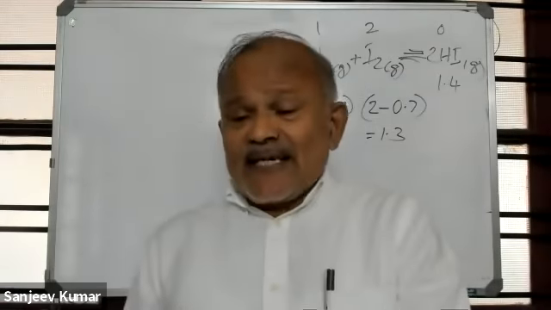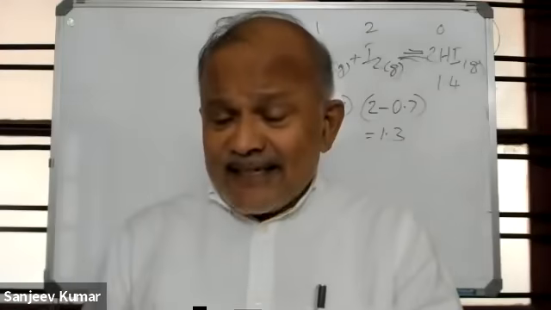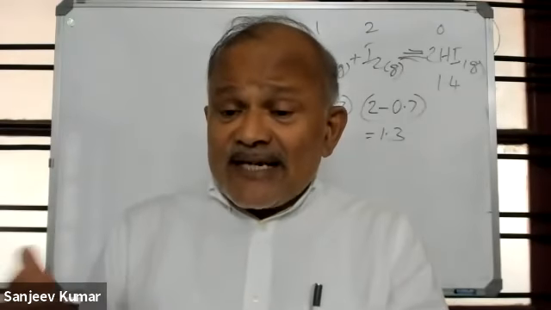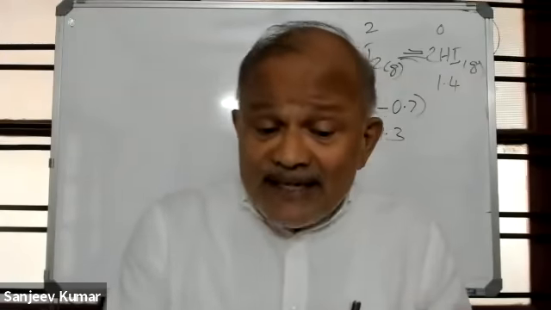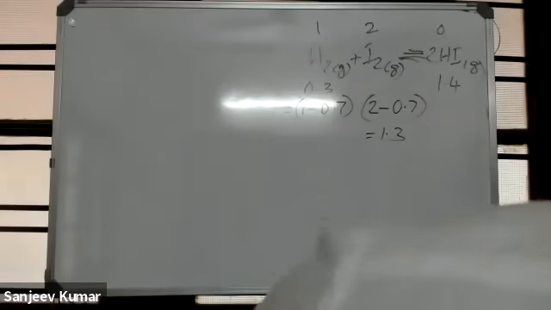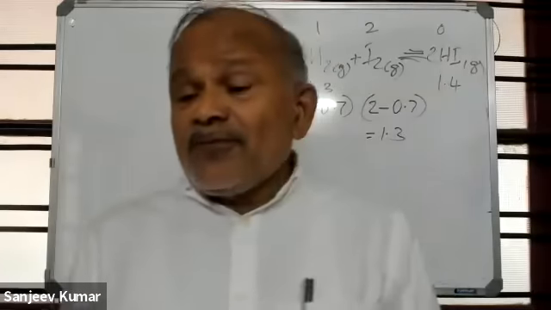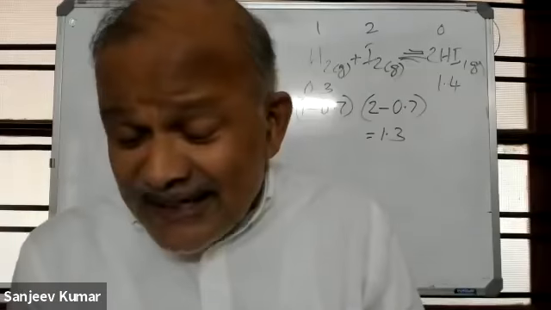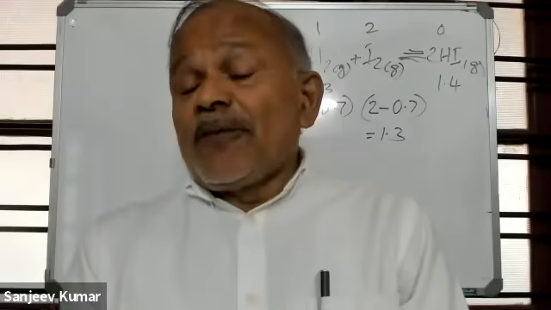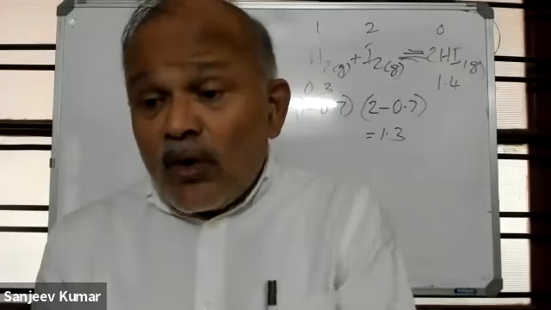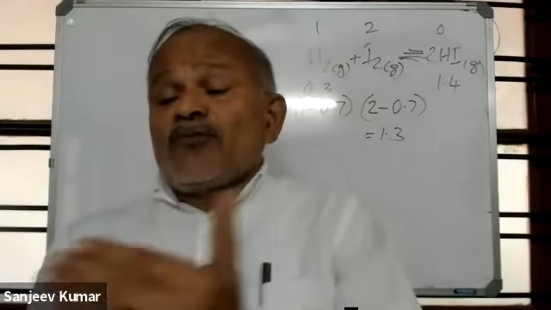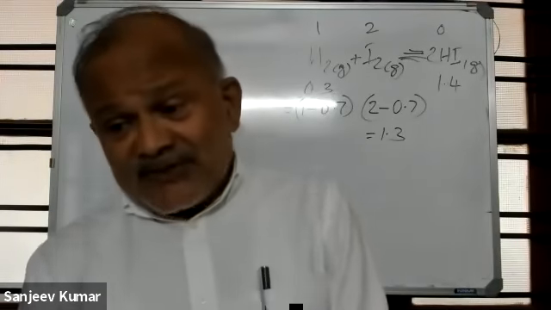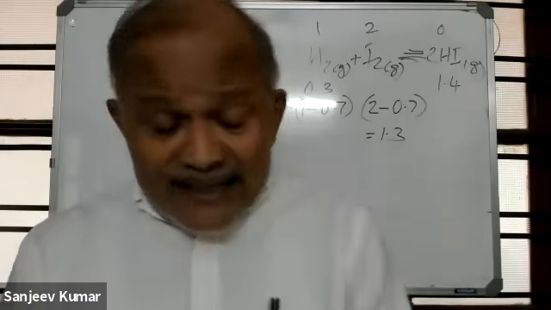During the forward reaction, the number of moles of gaseous product increases, that is, volume increases, and during the backward reaction, the number of moles of gaseous reactants decreases. Therefore, if pressure increases, more backward reaction will take place. If pressure decreases, more forward reaction will take place.